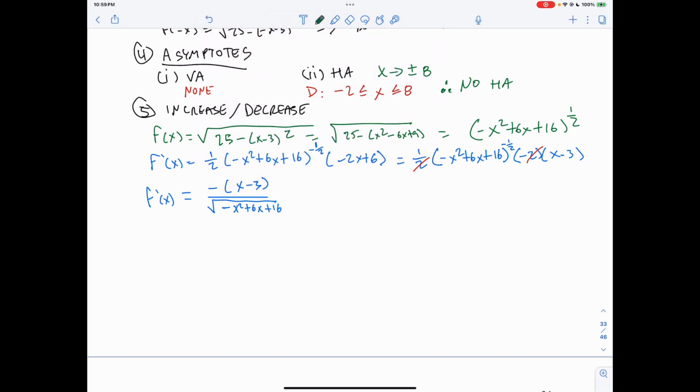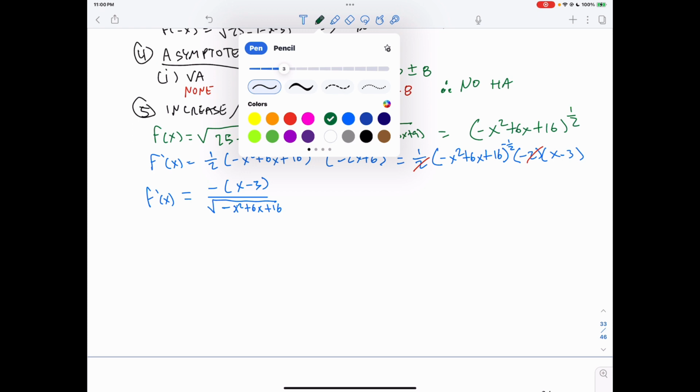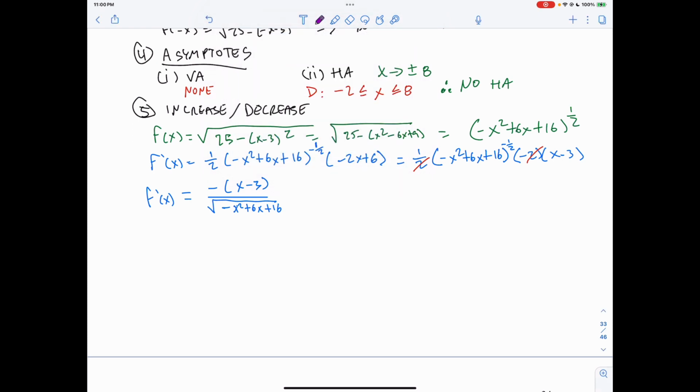I'm going to solve my critical numbers, where x is equal to 3 from the numerator.